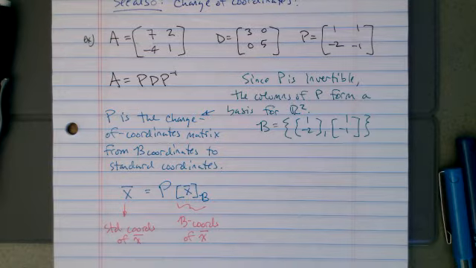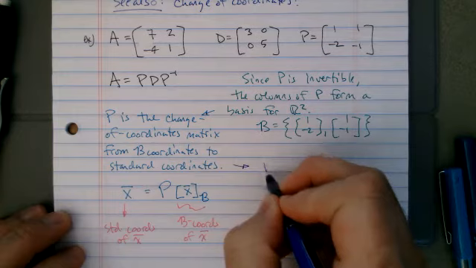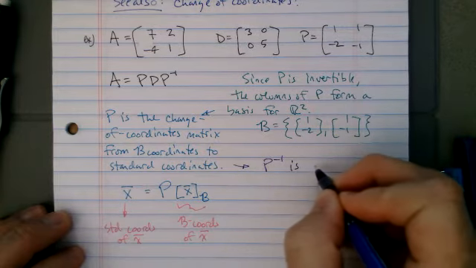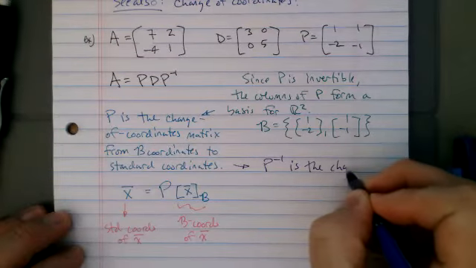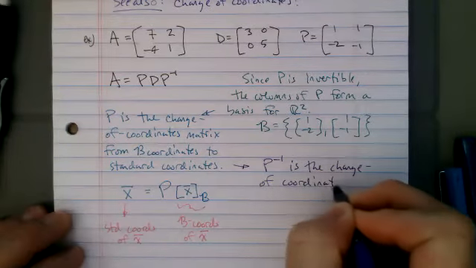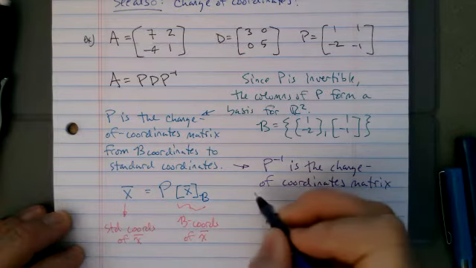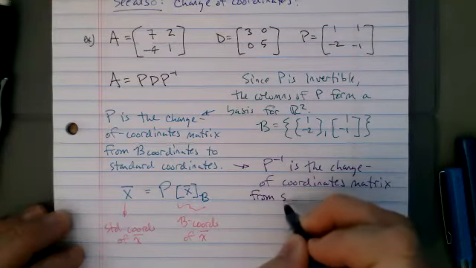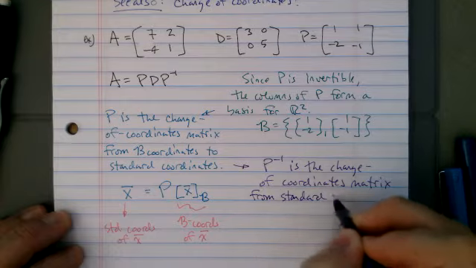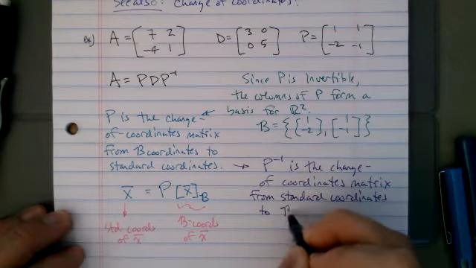What that means is that P inverse will turn standard coordinates into B coordinates. P inverse is the change of coordinates matrix from standard coordinates to B coordinates.